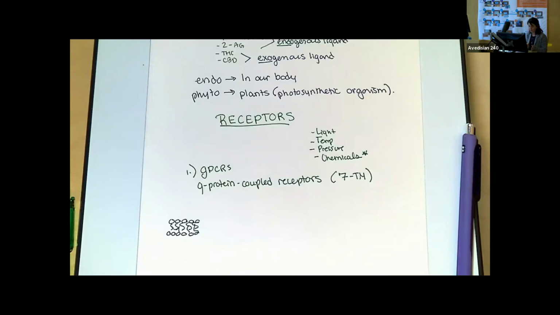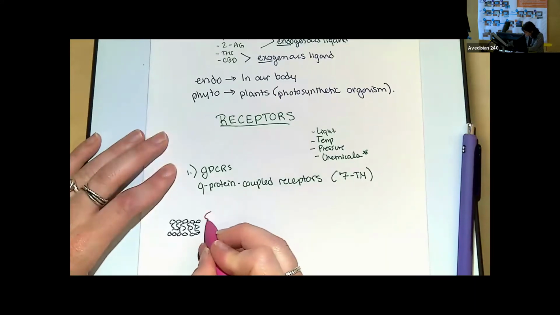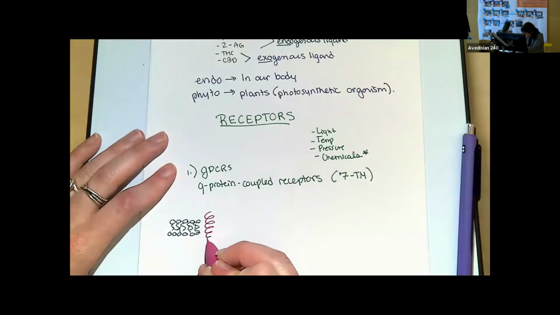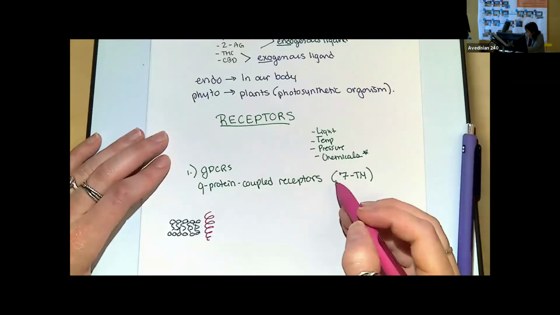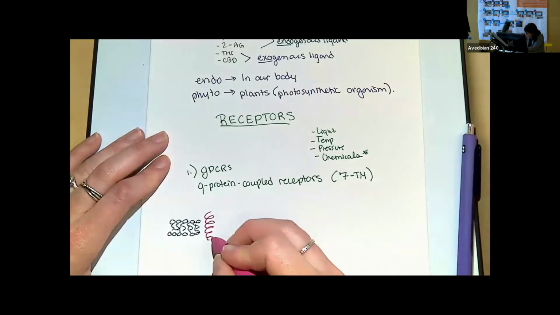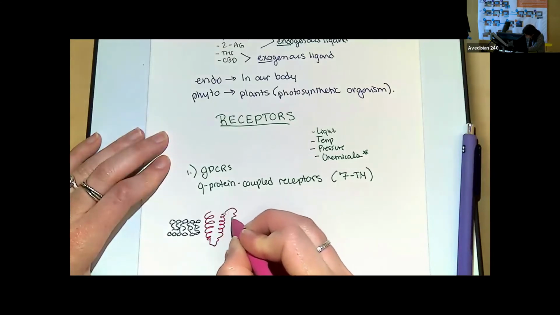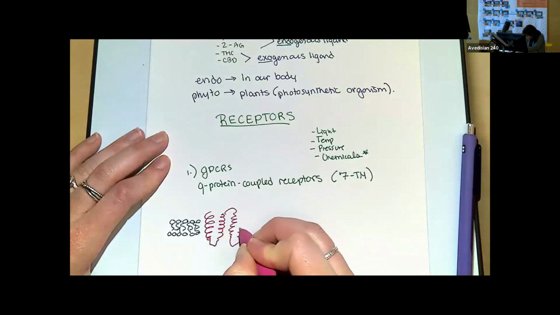So you have your primary, secondary, tertiary, and quaternary. So the structure of an alpha helix kind of looks like DNA, but it's swirled like this. So a 7 transmembrane receptor has 7 alpha helices that are going to go through the membrane.